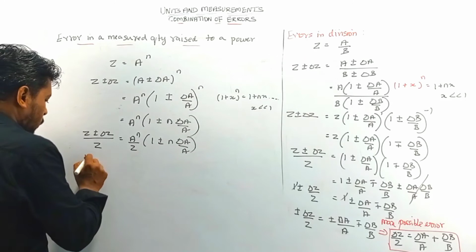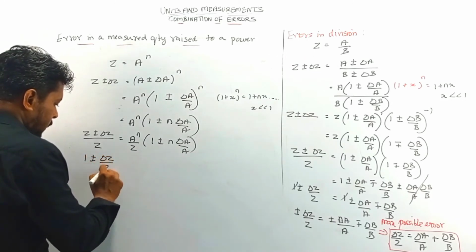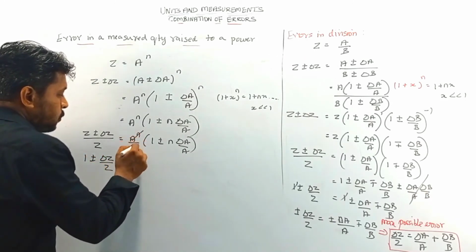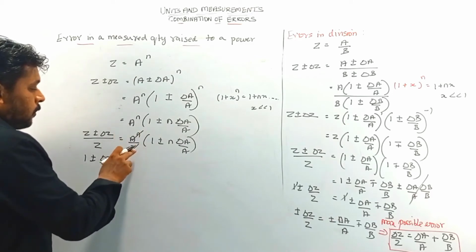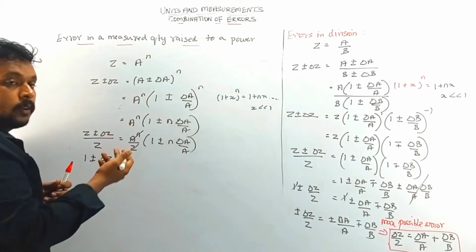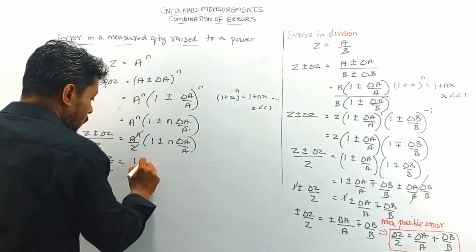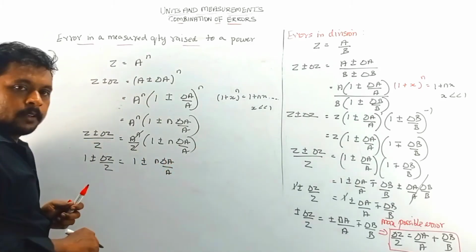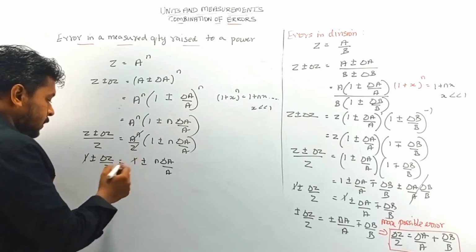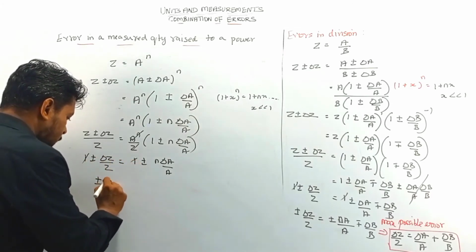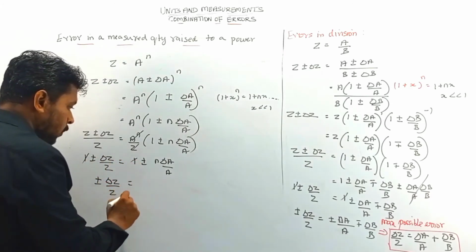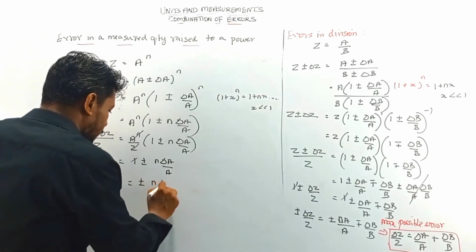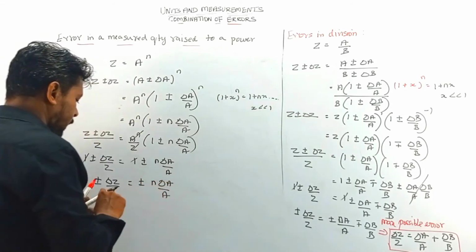Here we can see 1 plus or minus delta z by z, which is equal to, I can cancel these both terms because z is equal to a power n, so both are equal, which is equal to 1 plus or minus n into delta a by a. From here 1 and 1 get cancelled, so remaining is plus or minus delta z by z is equal to plus or minus n into delta a by a.